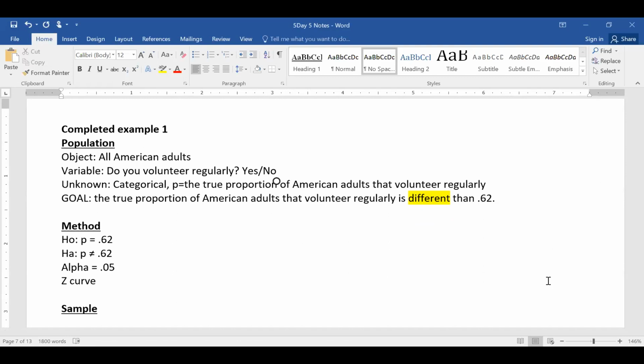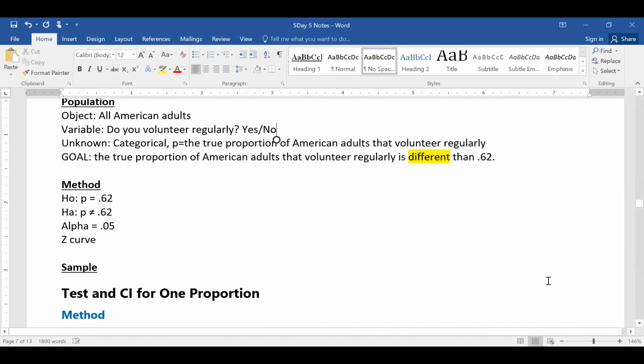So if you look at the HA, we said it's not equal to 62%, right? So my goal is to say the population proportion of American adults who volunteer regularly is not equal to, or you could say is different than, 0.62. I just took what I have in symbols and put it in words, meaning I replaced p with what I wrote for my unknown. It all carries from one to another.